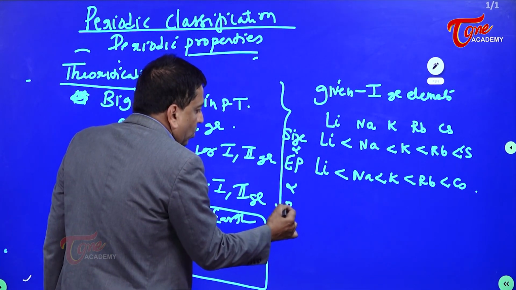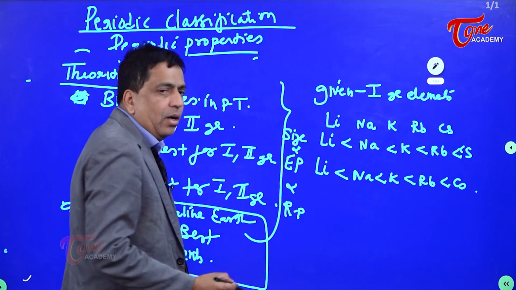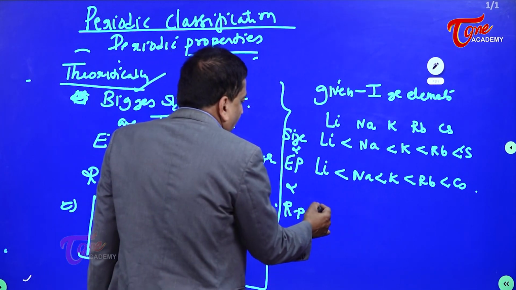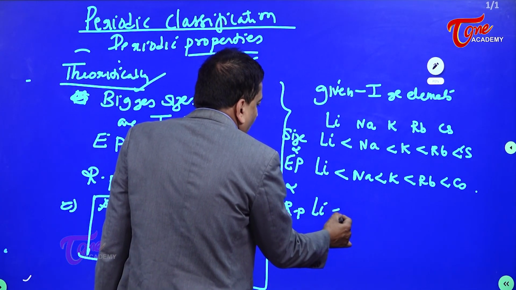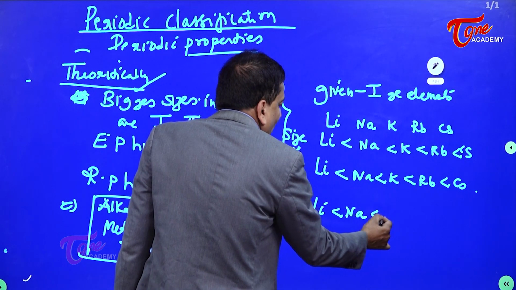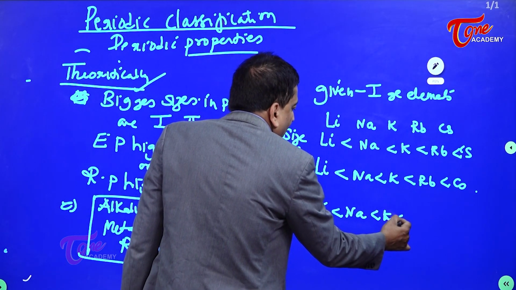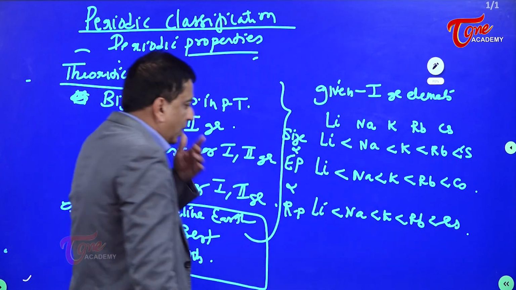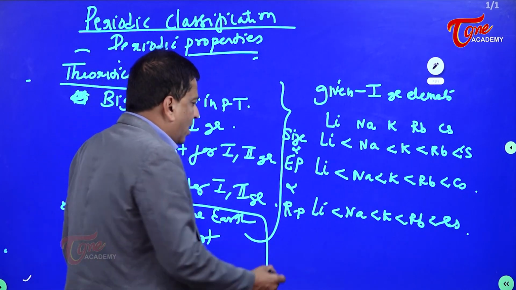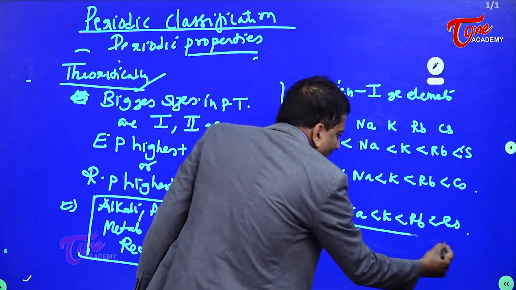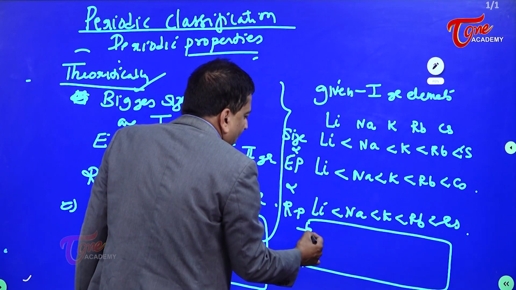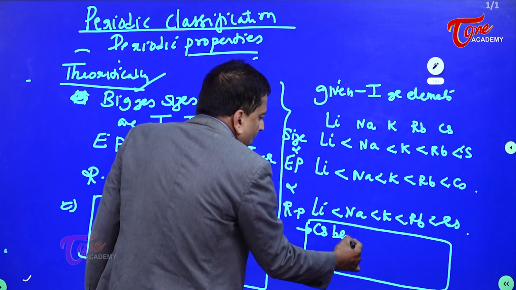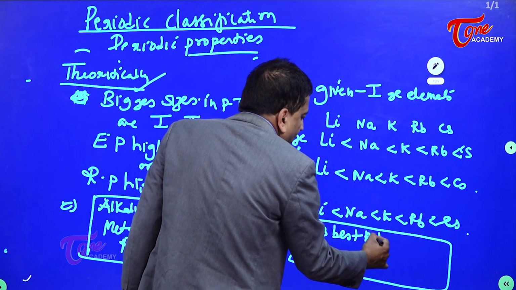So lithium is less than sodium, less than potassium, less than rubidium, less than cesium. So we conclude simply, cesium is the best reducing agent.